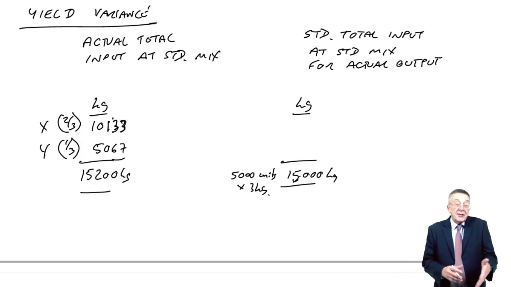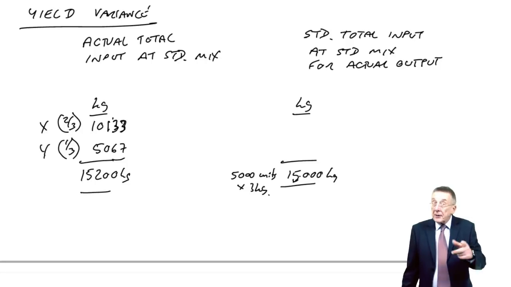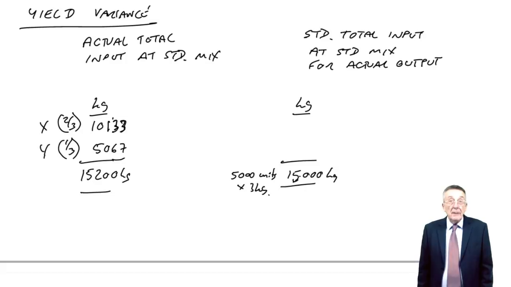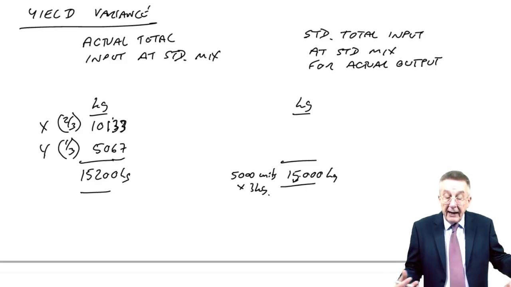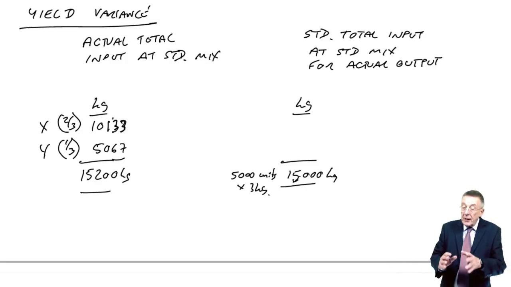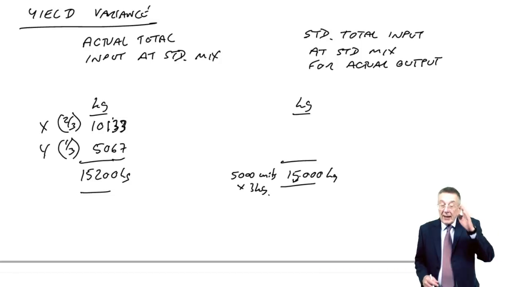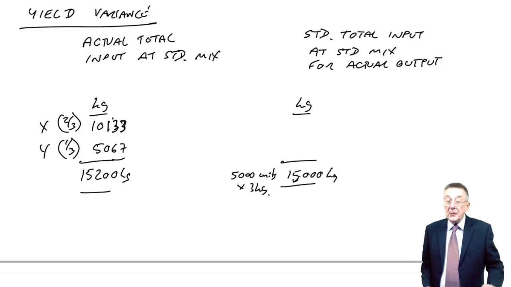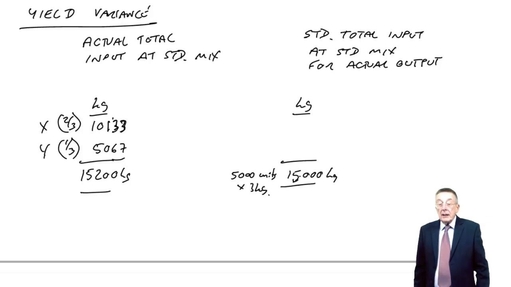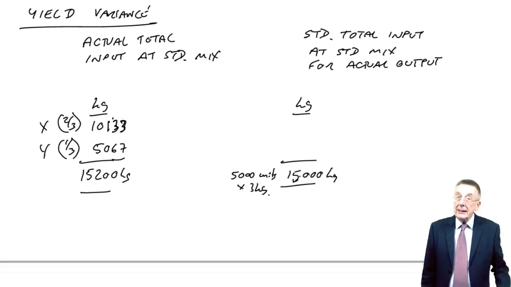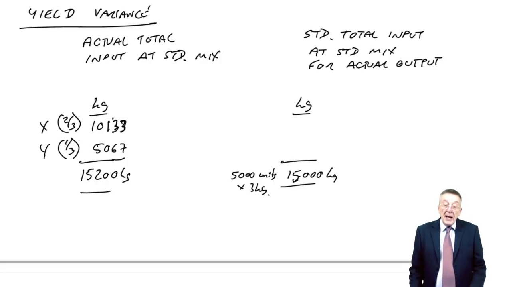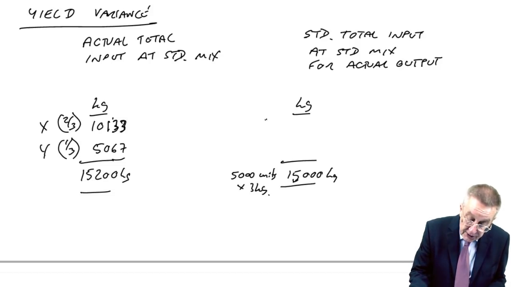Now immediately we can see something's gone wrong. We did only produce 5,000 units, but we used 15,200 kilos. Maybe we lost some, wasted some, whatever. But see where those figures have come from. The actual total input, the total of what we bought, 15,200, compared with the standard input, how much should we have bought for our production? 15,000. And of course, how should it have been mixed? It should have been 2/3, 1/3.